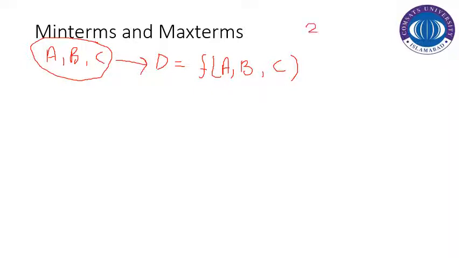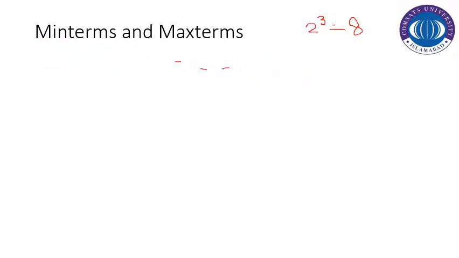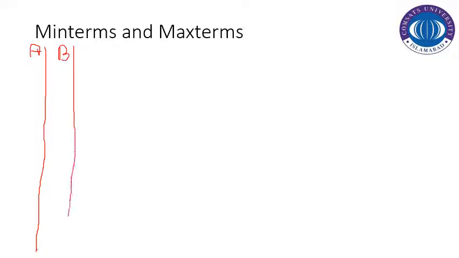That is 2 raised to power 3, equals 8 combinations, starting from 0 till 7. So we've got three inputs, A, B, and C.